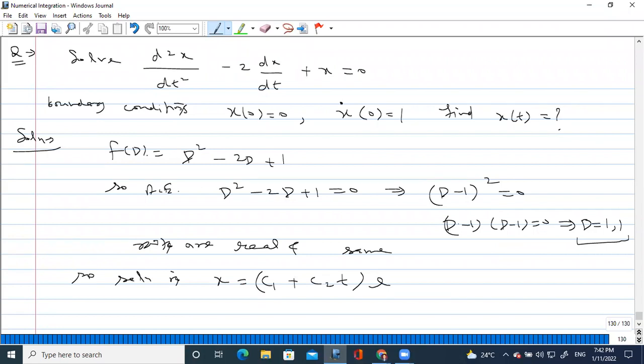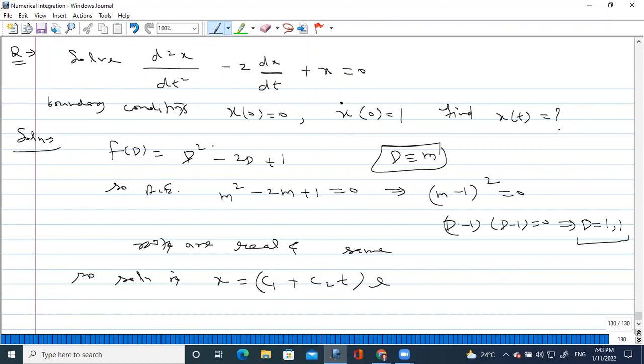Actually, in some books you will find that whenever they write this auxiliary equation, in place of D they use m. So this equation becomes in the form of m, and the procedure we have understood in the form of m only. So you can make a habit: in place of D you write m² minus 2m plus 1 equal to 0. So everything will be m. Next question onward, whenever we are writing the auxiliary equation, we will write m.